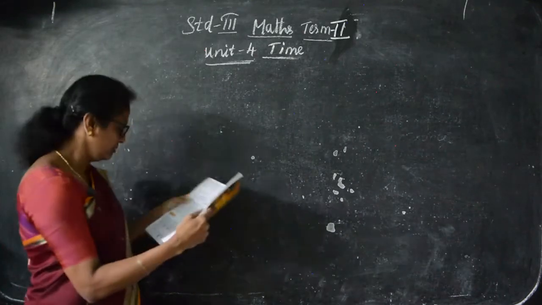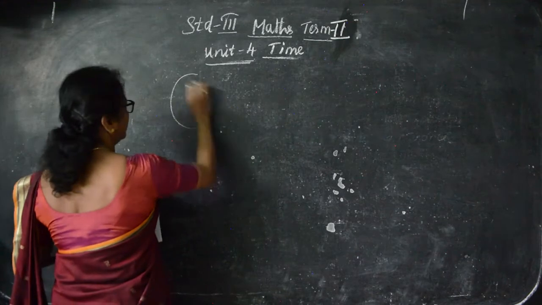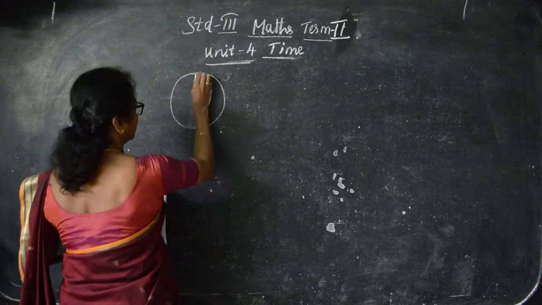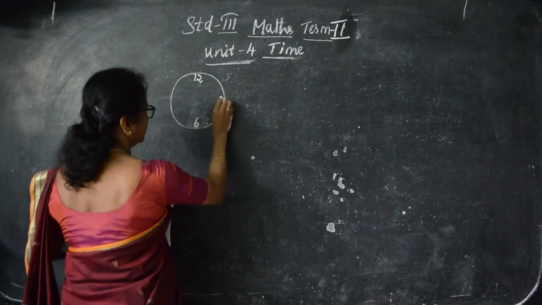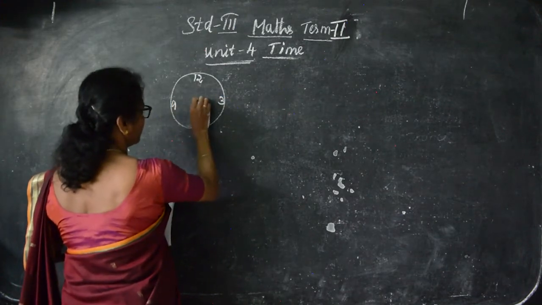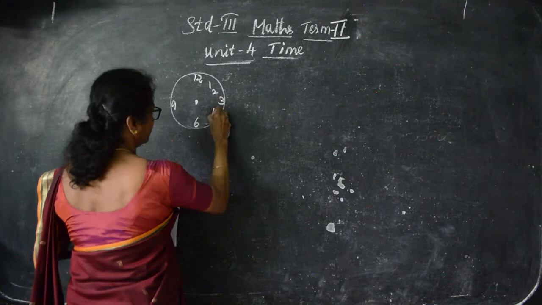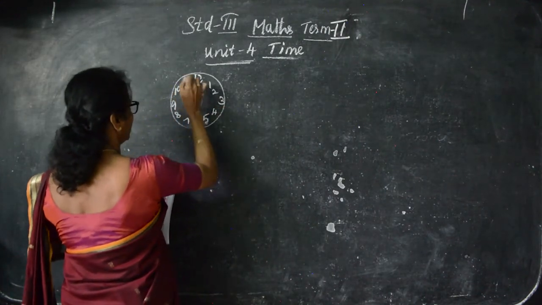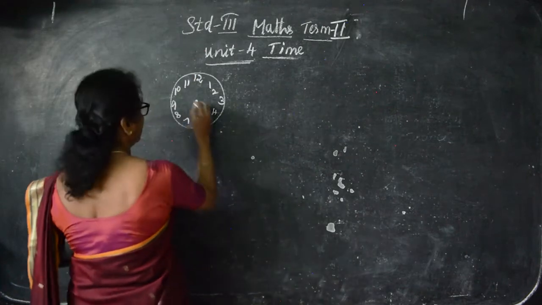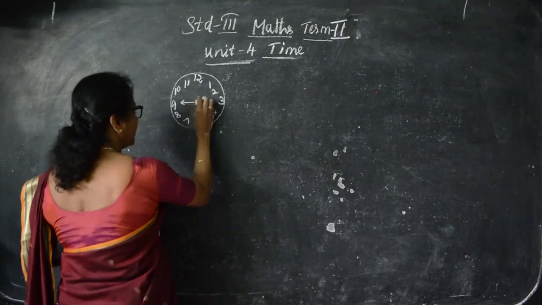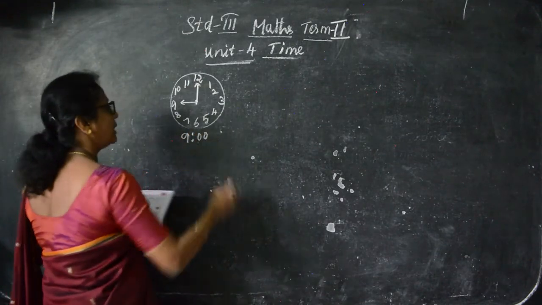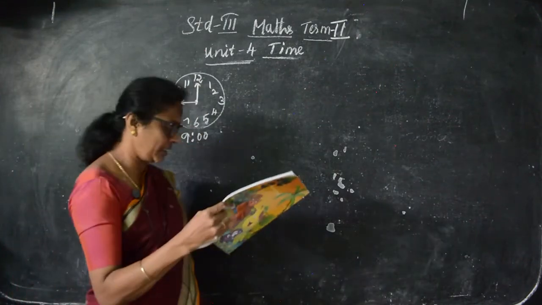Now 9 o'clock they are given like this. The small hand is at 9 and the big hand is at 12, so the time is 9 o'clock. Like this you have to write the remaining sums.